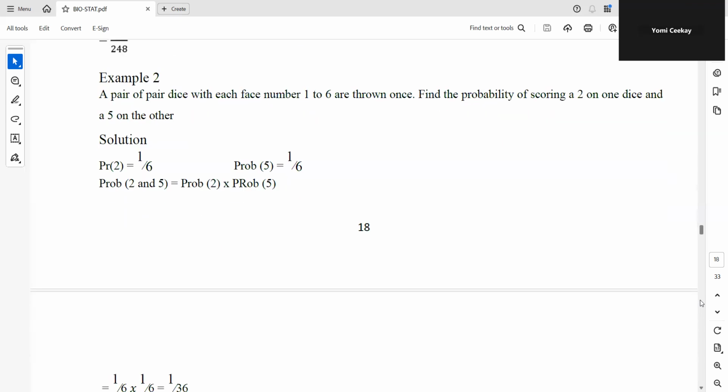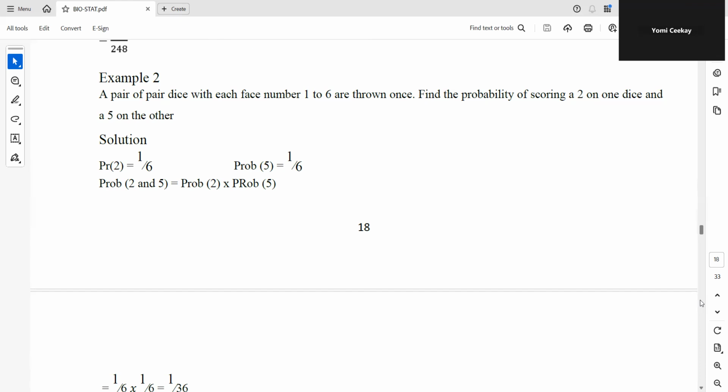For example, let's solve one example here. A pair of dice with each face numbered 1 to 6 are thrown once.